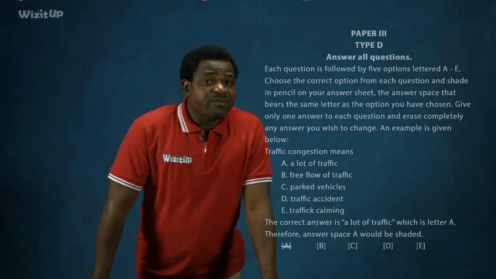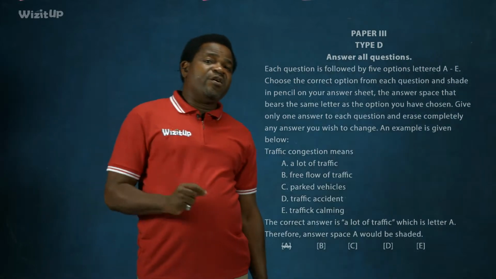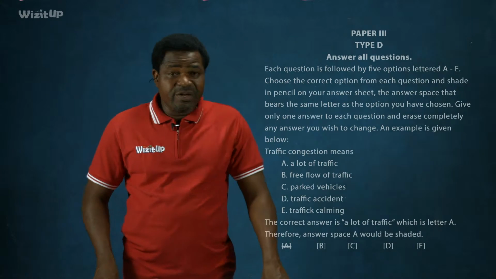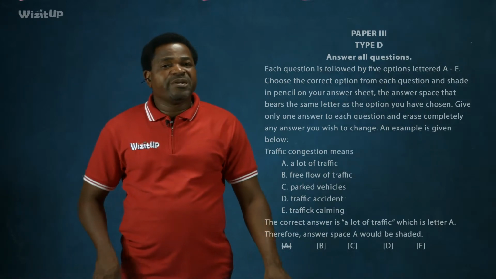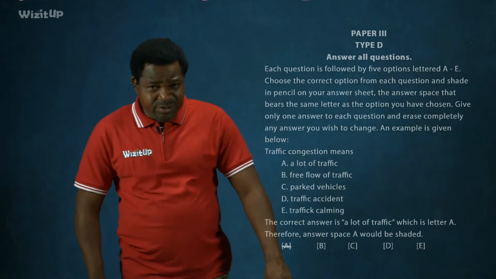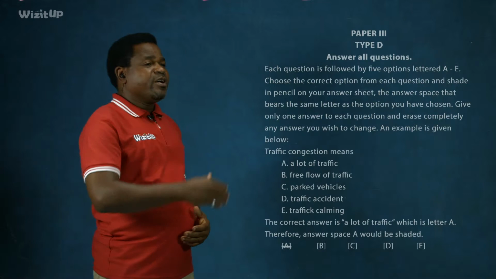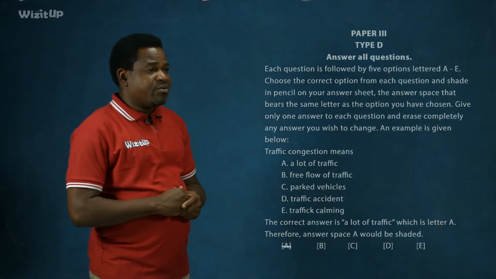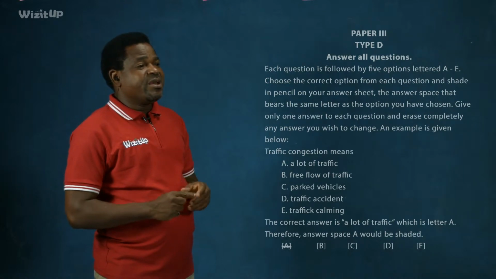For your examination, what you look for, what you search for, what you go for, are supposed to be options that are most appropriate. I'll keep explaining as we go on in practical terms when we get to other questions. So, as you have here, the correct answer is "a lot of traffic", which is letter A. Therefore, the answer space A will be shaded.